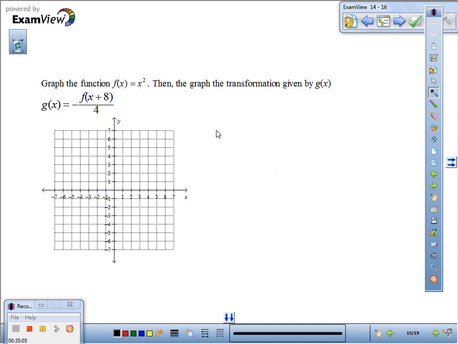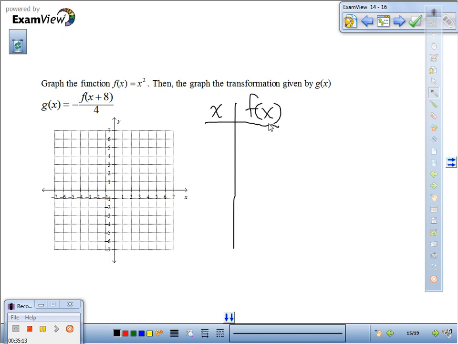So then we do x, f of x. What values do we use for x? -2, -1, 0, 1, 2. By now you should be able to fill this table up by yourself, is that correct?